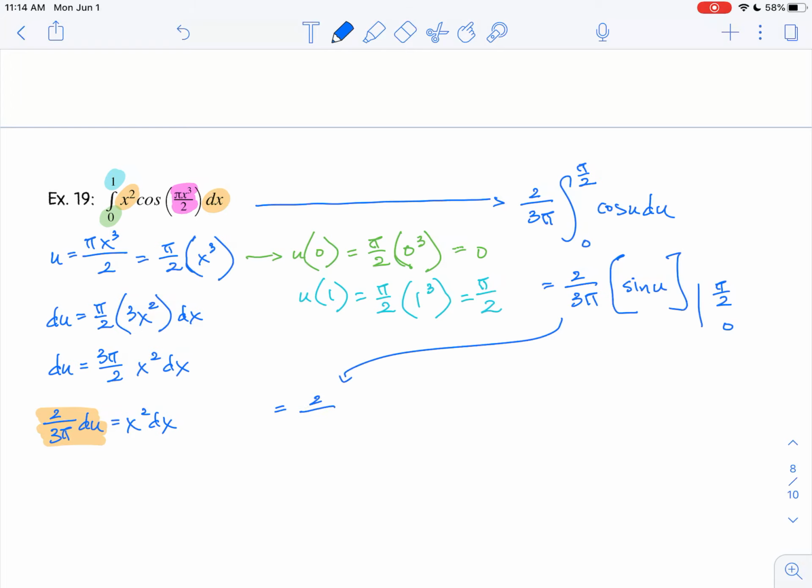This will give me 2 over 3 pi times sine pi over 2 minus sine 0. And when I substitute in, I'm going to end up with sine of pi over 2 is 1, minus sine of 0 is 0, and I'm going to end up with a final answer of 2 over 3 pi.